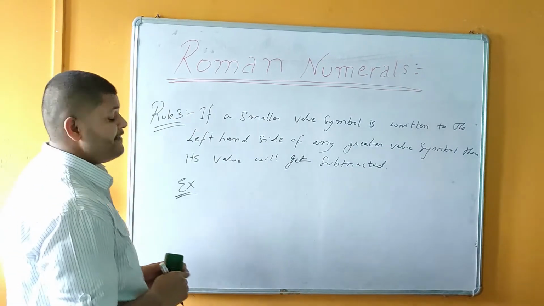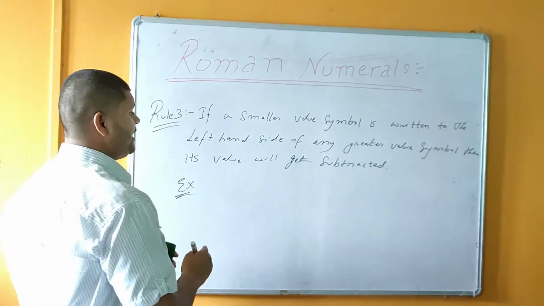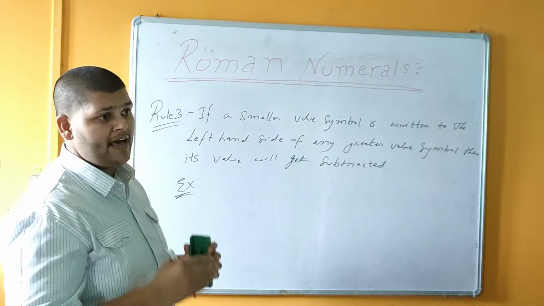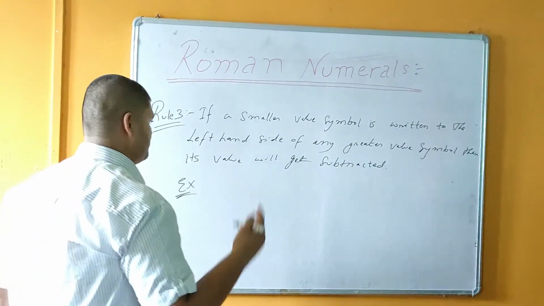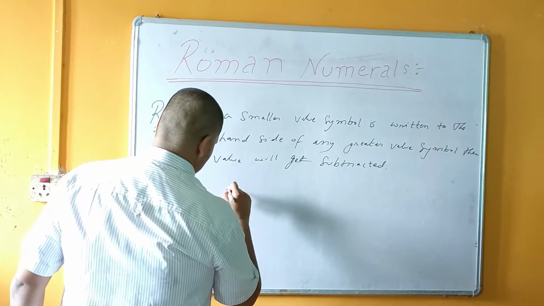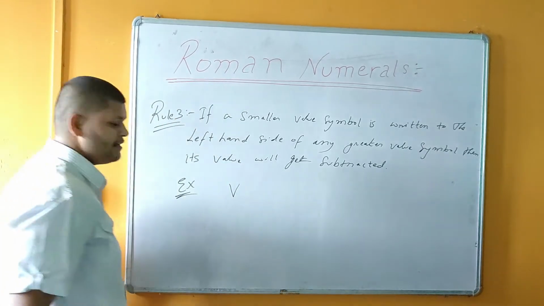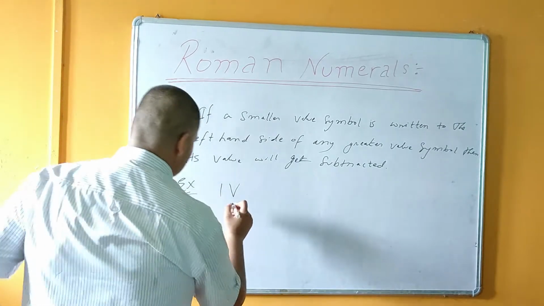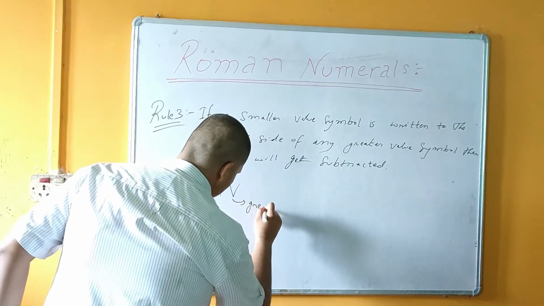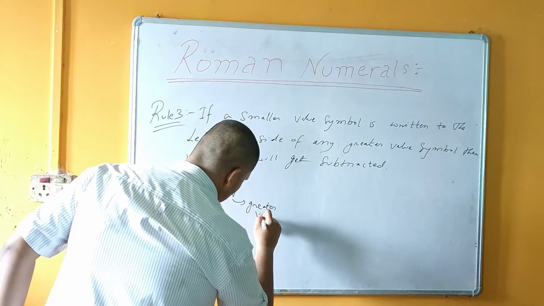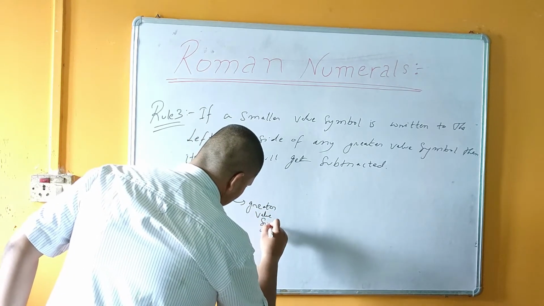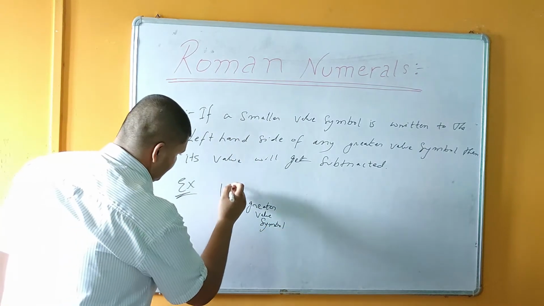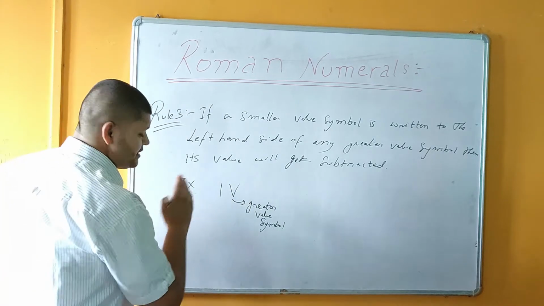It is telling that if a smaller value symbol is written to the left hand side of the greater value symbol, then its value will get subtracted from the greater value symbol. What does it mean? Suppose this is a greater value symbol and I am writing a smaller value symbol on the left hand side. This V is nothing but 5 and I is 1.